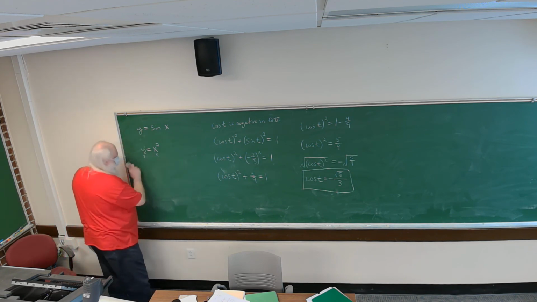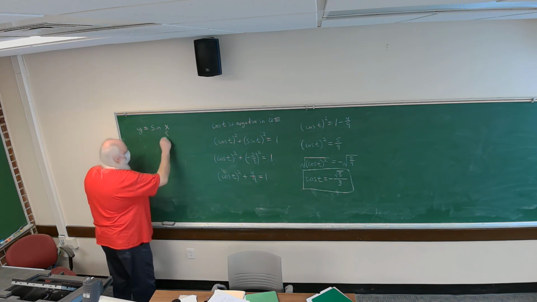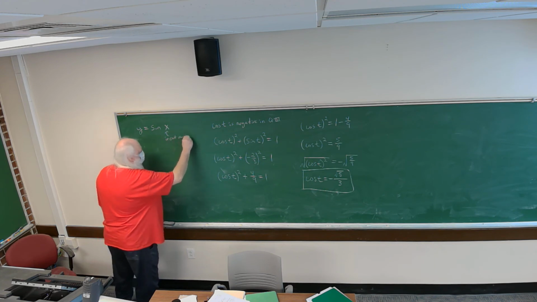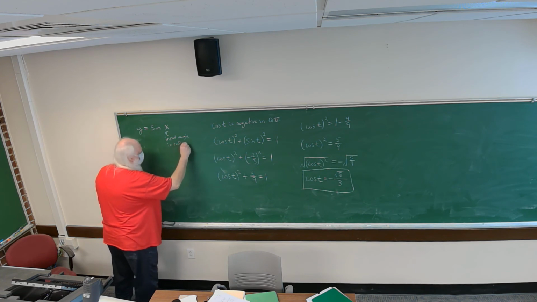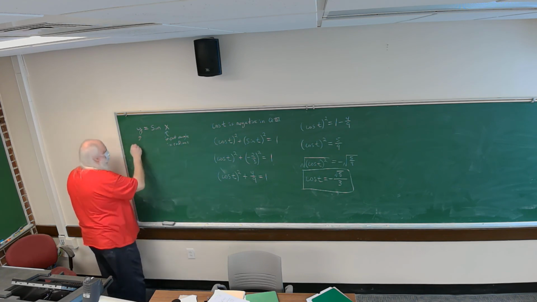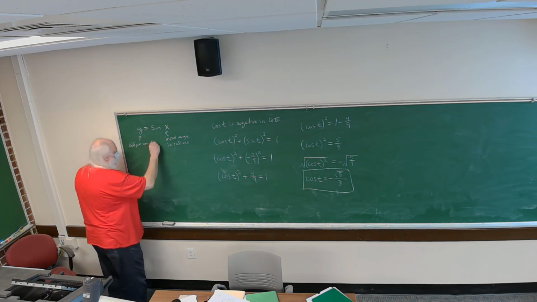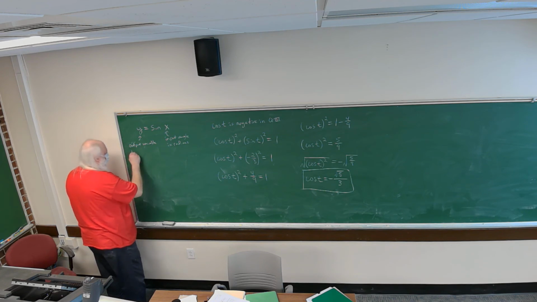So in the equation, x is the input variable, which is an angle in radians, and y is the output variable, which is also called the dependent variable.